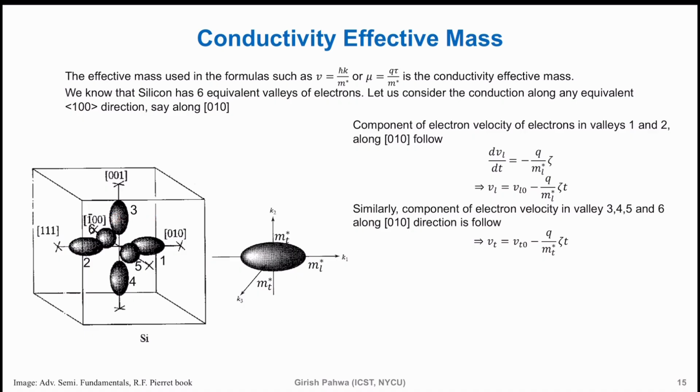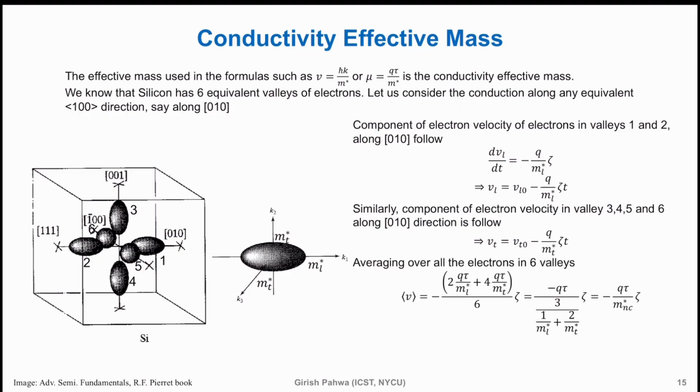So I have this average velocity, and let me average it over 6 valleys. The weight factor will be 2 valleys have ML star, 4 valleys have MT star. I simply add all of those velocities and divide by 6, and that gives me some kind of average. This is what it gives me.